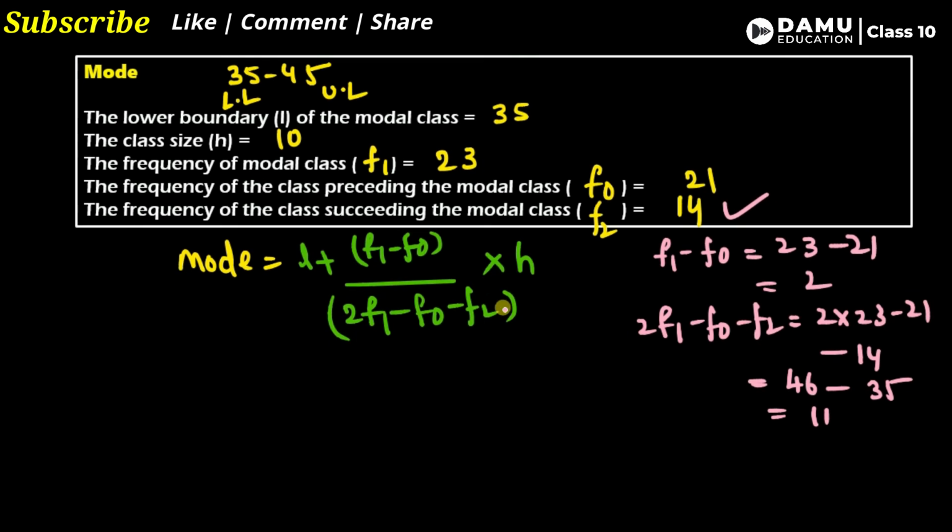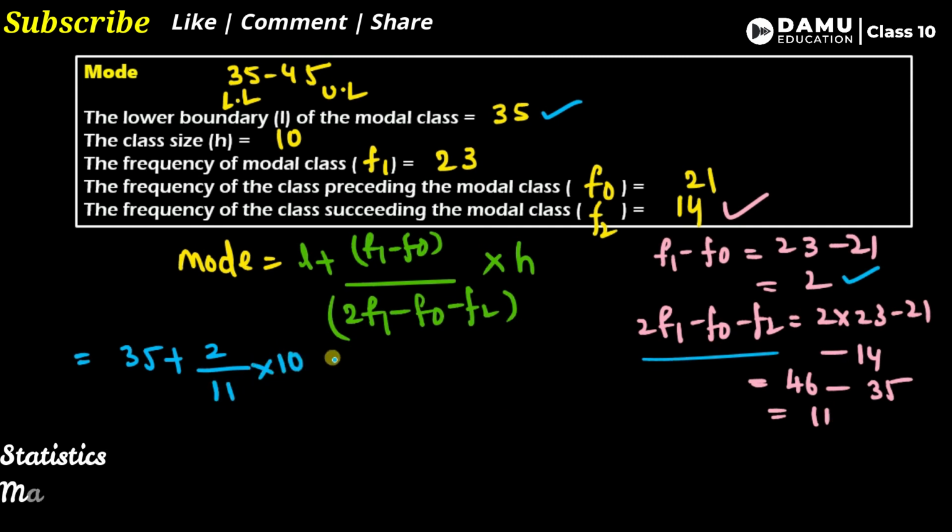So let's substitute here. L is the lower boundary, as we already calculated. So mode will be equal to 35 plus F1 minus F0, which is 2, over 2F1 minus F0 minus F2, that is 11, into h, which is 10. Let's take the LCM: 35 into 11 plus 2 tens are 20, by 11.